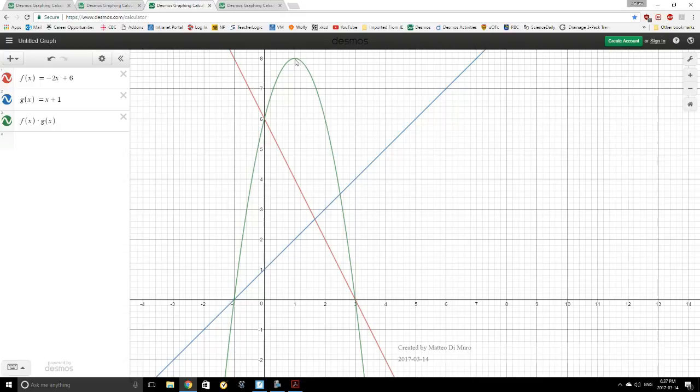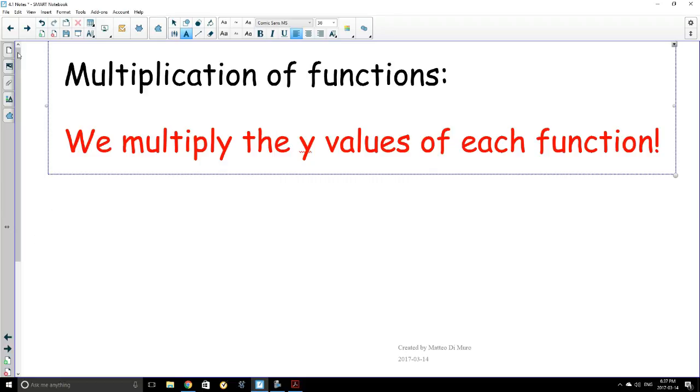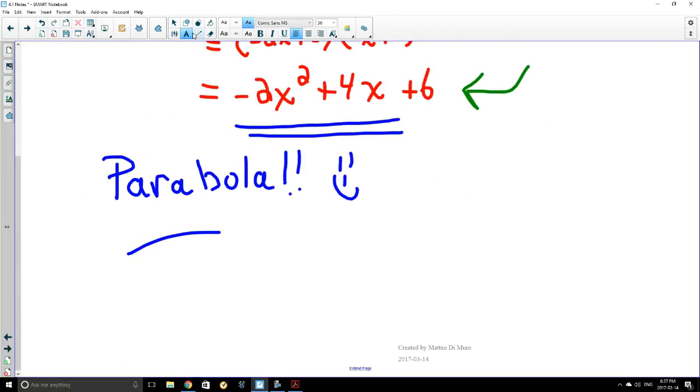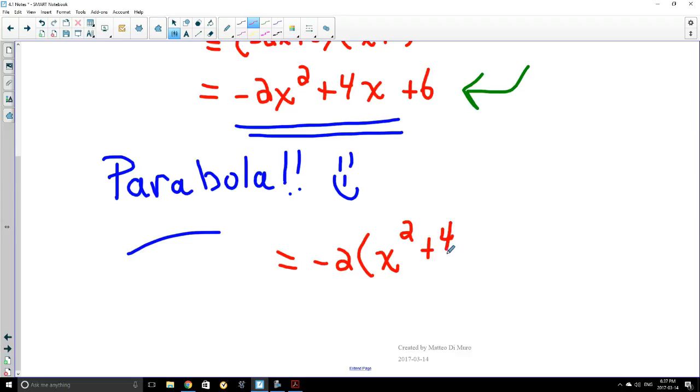So maybe just looking a little ahead, but if you know the equation of your parabola, you could find your x-intercepts. So I'm just going to pull out a -2 here. I said I was going to pull out a -2, but then I didn't.